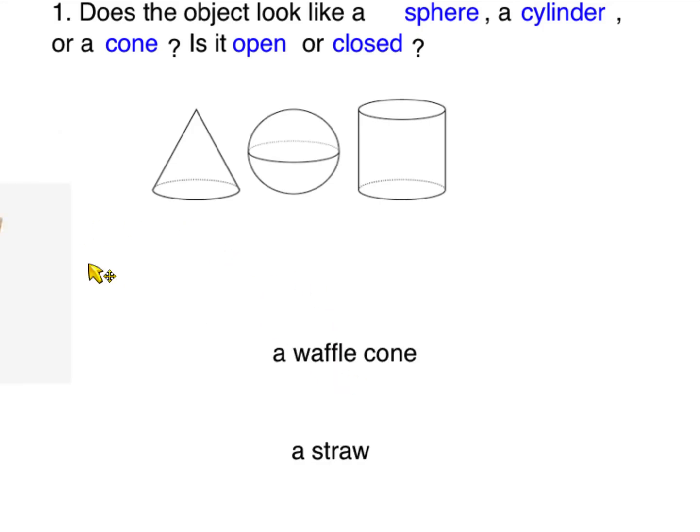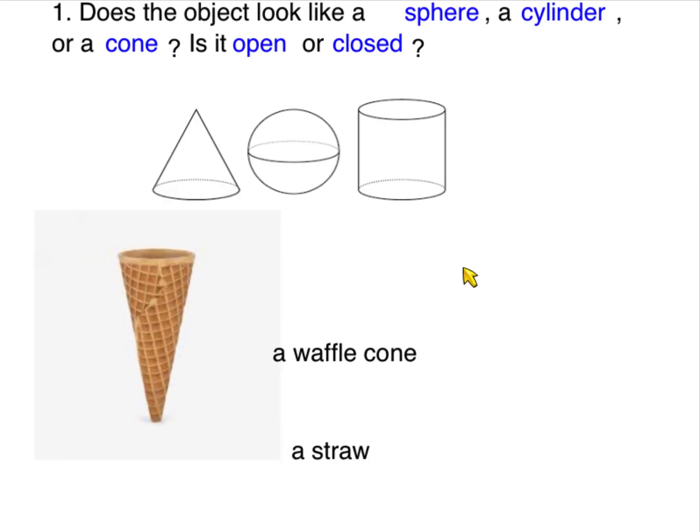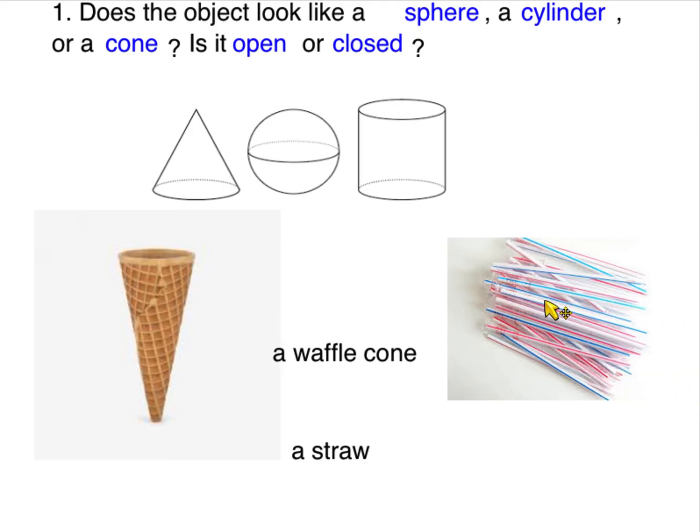A waffle cone. Those were my favorite kind when I was growing up. I know the point's at the bottom and this point is at the top, but a waffle cone is a cone. Is it open? Can you put things inside, or closed? It is open. Otherwise you can't fit the ice cream inside.